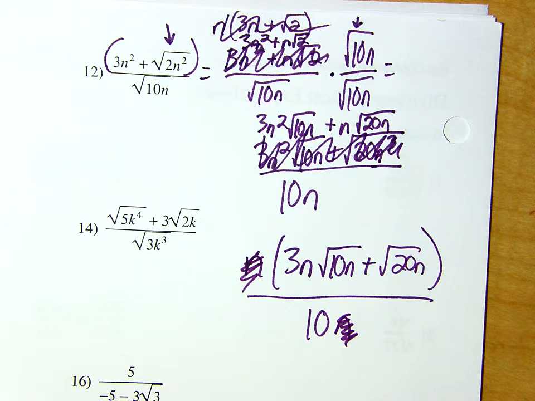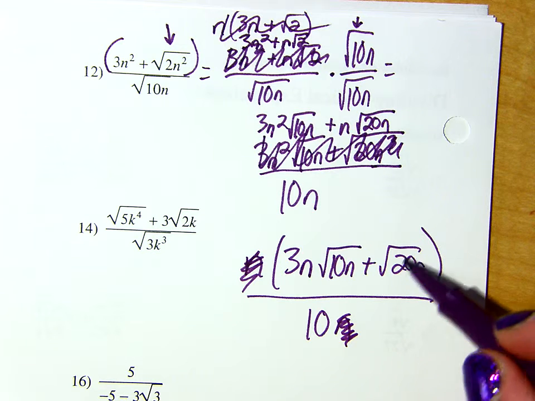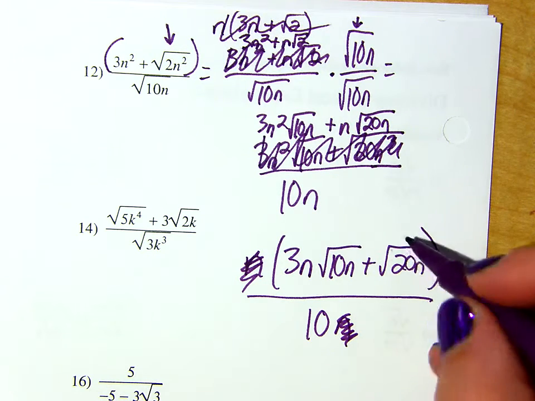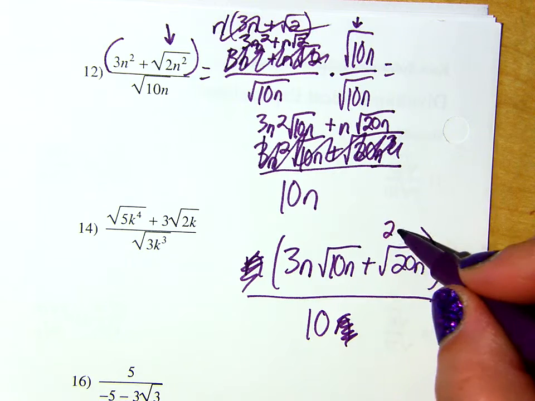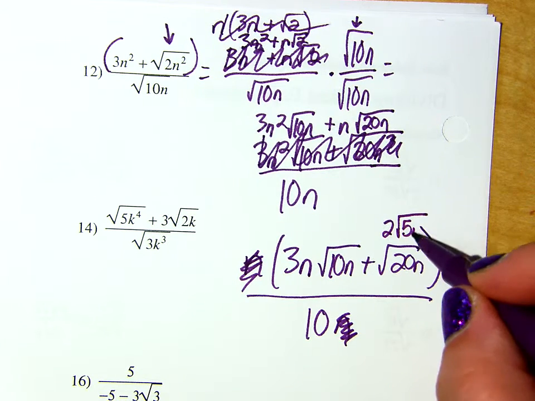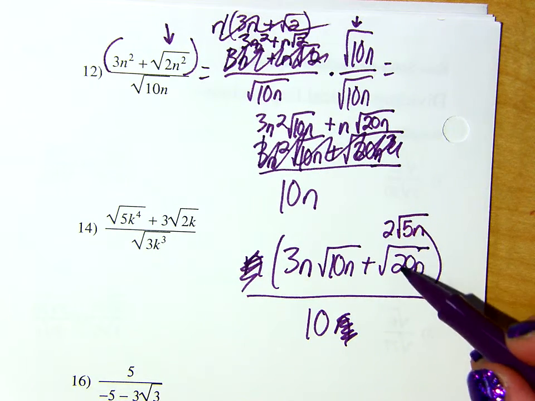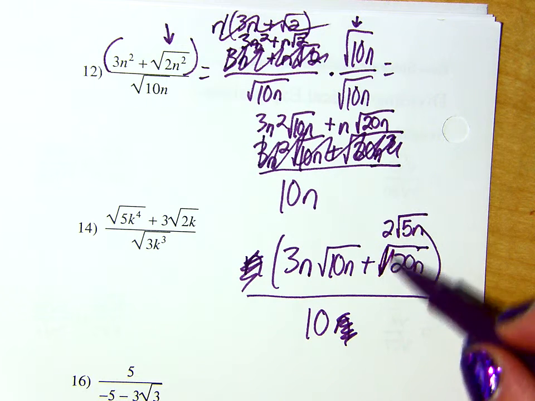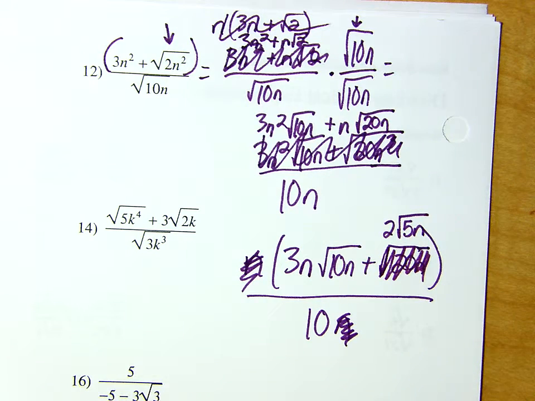And I'm almost done. It's just that 20 I can simplify. So that would become 2 root 5n. Right? Because that's split into 4 and 5. And there's my final answer. Oh, that one's awful. Sorry. I didn't mean to give you one that was so bad.